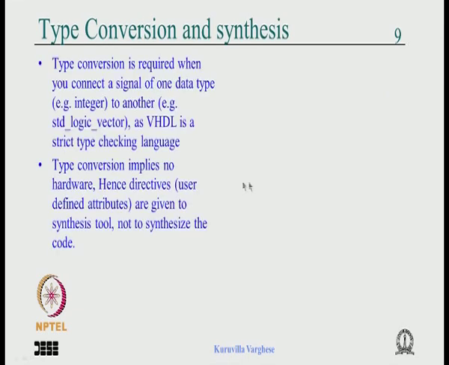Now mind you, the type conversion is a requirement of VHDL basically to guarantee that the interface is proper. Like you have an 8-bit data bus, it is connected to only an 8-bit data bus, not like you define something in integer, something in standard logic vector, then if you connect it together and one is 8-bit and another is 16-bit, there is an issue.